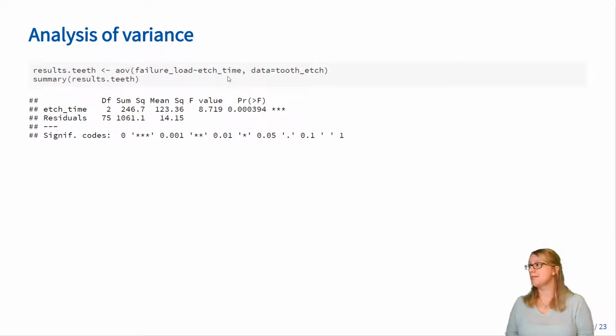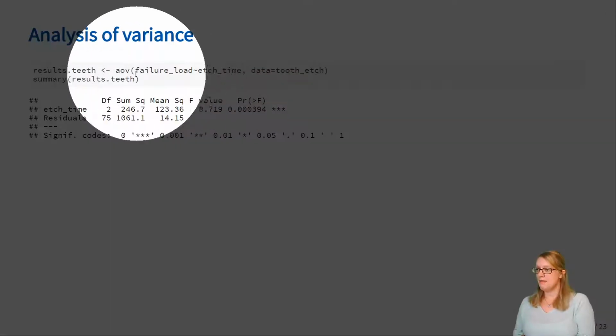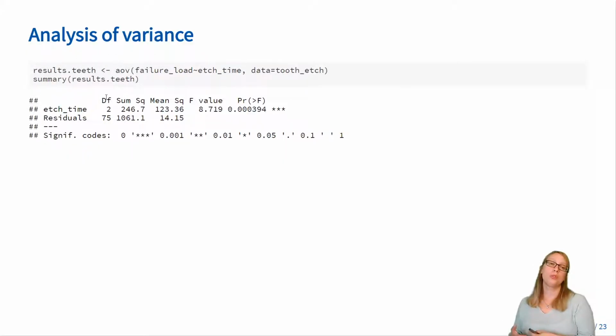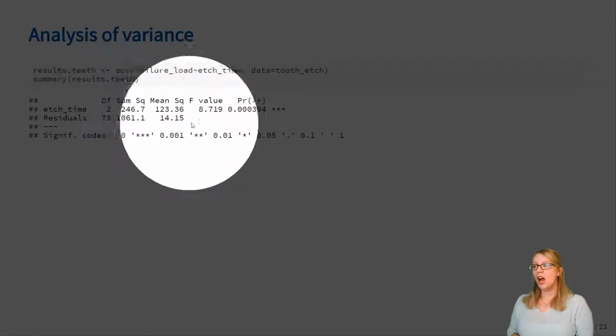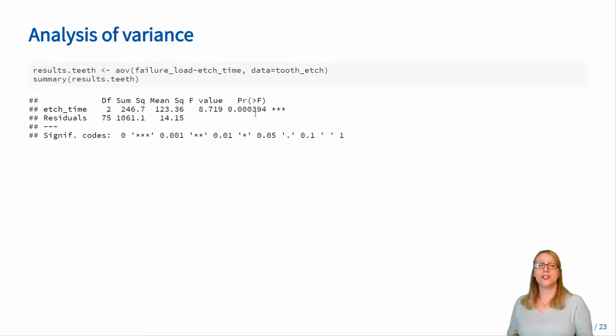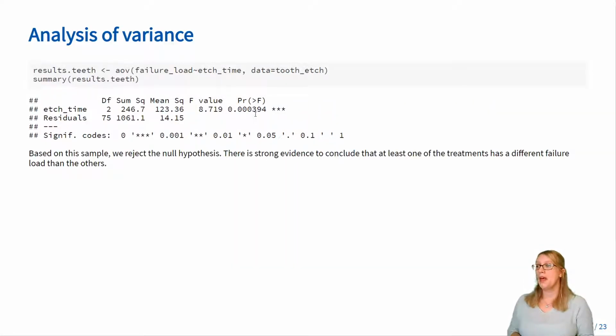So here I've just simply named my model results.teeth. If I take a look at a summary of this results.teeth model, here my degrees of freedom are 2, 3 groups minus 1, so that's a good sign. That means that we have read in and formatted the data correctly, essentially. Our p-value here is 0.0003, so it's very small. Based on this sample, based on this p-value, we have some pretty strong evidence to reject the null hypothesis.